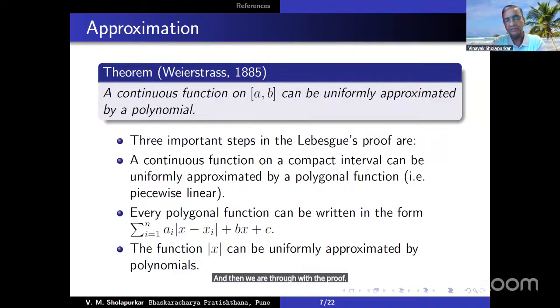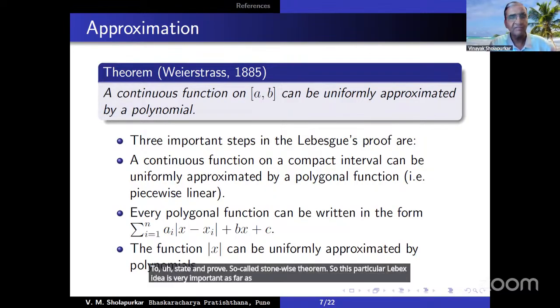proof. So this is Lebesgue's idea of proof, and in some sense, this idea is carried forward in an abstract way to state and prove the so-called Stone-Weierstrass theorem. This particular idea of Lebesgue is very important as far as generalization is concerned.